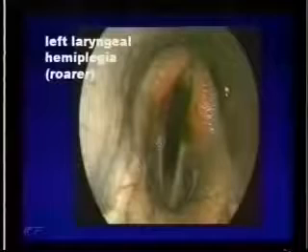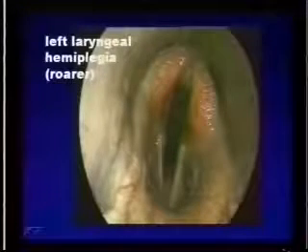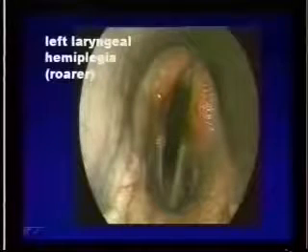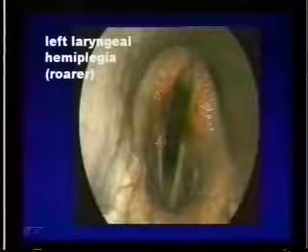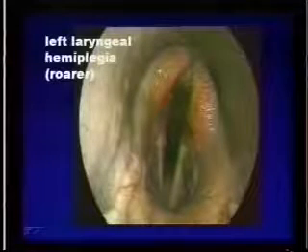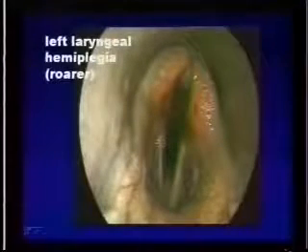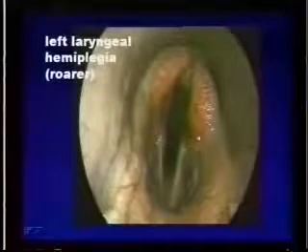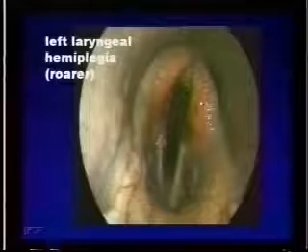The thing that I want you to notice in this picture is the asymmetry between the two arytenoid cartilages. This one on your left, which is actually the horse's right arytenoid cartilage, is able to abduct out of the airway when the horse inspires. The left one, however, you can see hangs straight down here. This one is paralyzed.